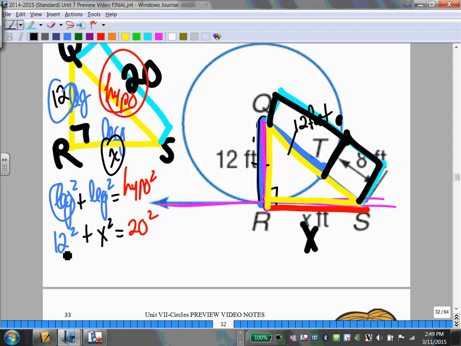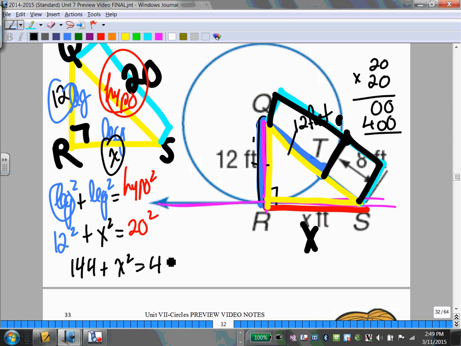Let's actually do the math. 12 times 12, you should know by heart, is 144. Plus x squared equals 20 times 20, which is 400. Now we're going to minus 144 from both sides. So x squared equals 400 minus 144, and you're borrowing again.